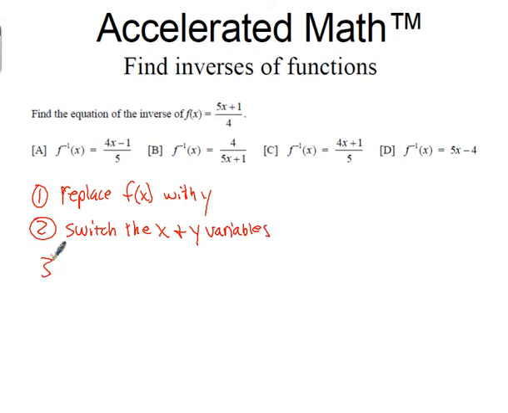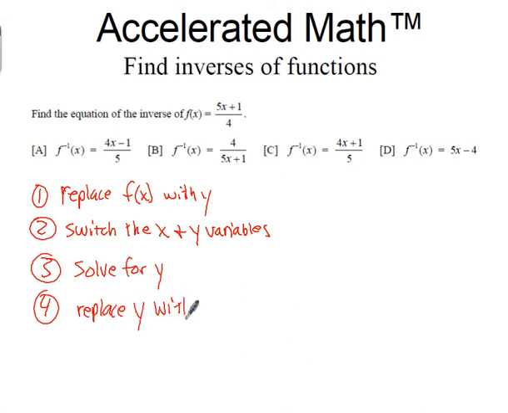Then we're going to solve for y, and I think that's it. Oh yeah, I guess the fourth step is to formally replace y with this notation. It's called the inverse function of x.